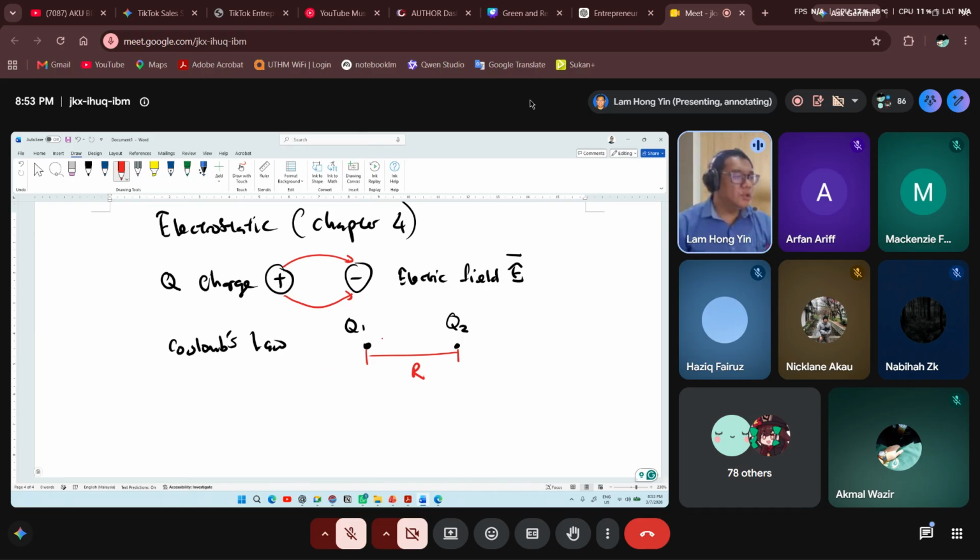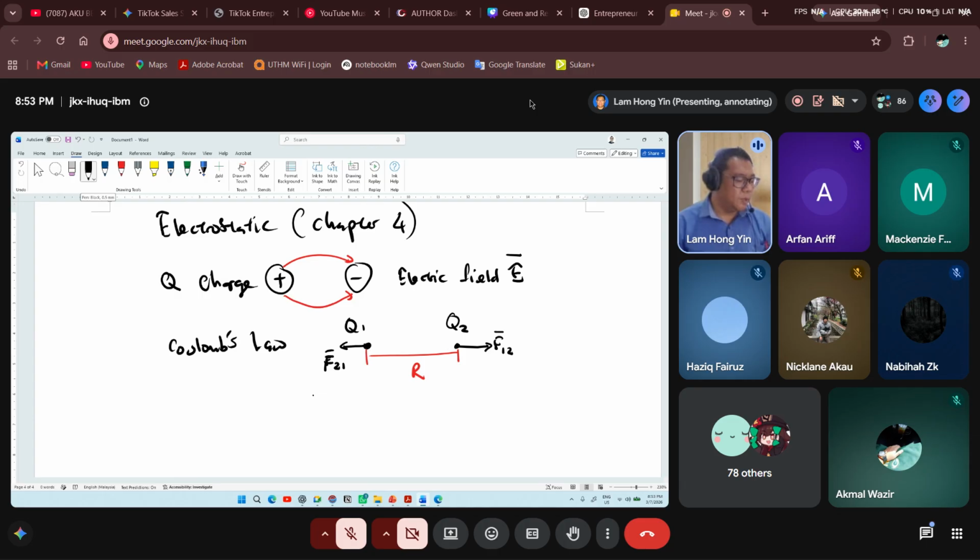So at Q1, you will feel the force generated by Q2. At Q2, you will feel the force generated by Q1. So the force from Q1 to 2 and the force from Q2 to 1 will be generated.